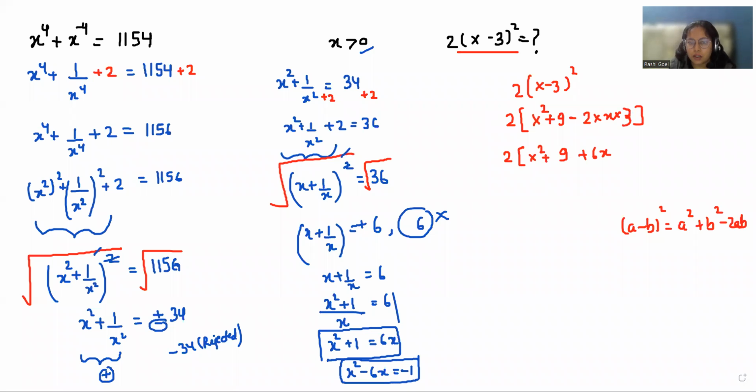Sorry for this mistake, it is minus 6x. Or we can write it as x^2 - 6x + 9.